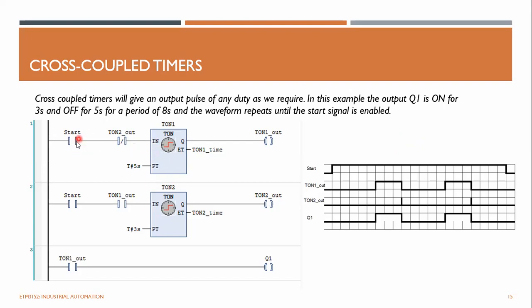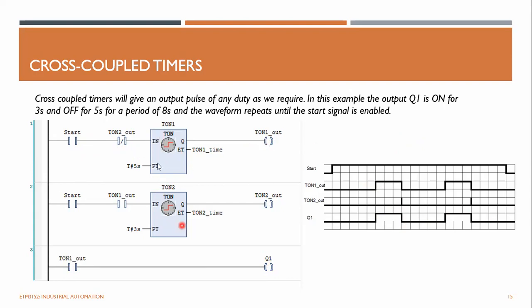So I have this start button here, which is this start holder system, and I have two timers, and I have used these to generate this pulse output, my desired output, with any desired duty ratio. So this is my output Q1. It is connected to the output of the T1 timer, right?